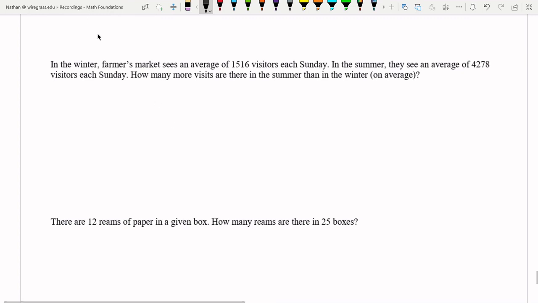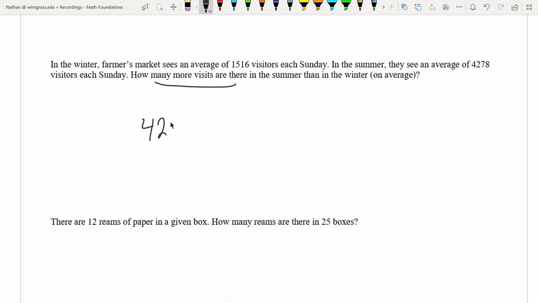Okay, Winter's Farmer Market sees an average of 1,516 visitors each Sunday. In the summer, they see an average of 4,278 visitors. How many more visits are in the summer than in the winter? How many more is the same thing as what's the difference between those two numbers, the distance between them, and that's what subtraction finds.